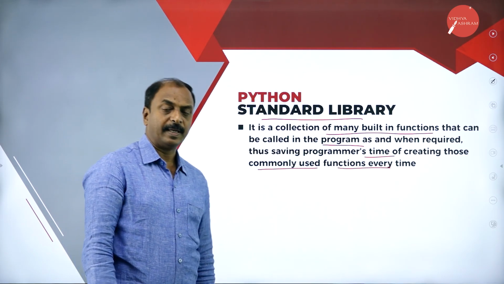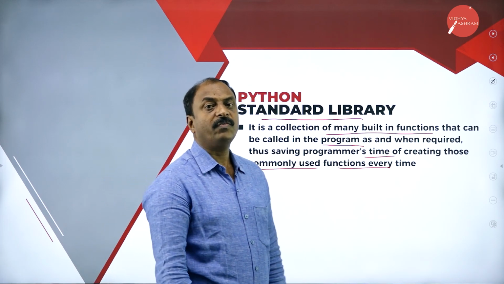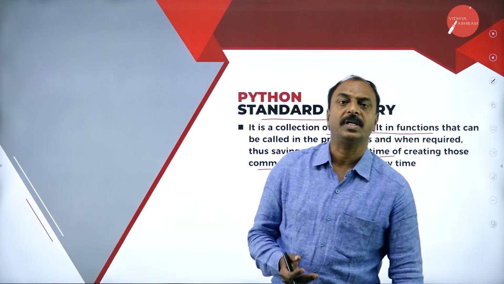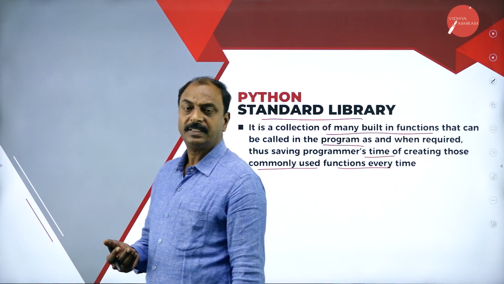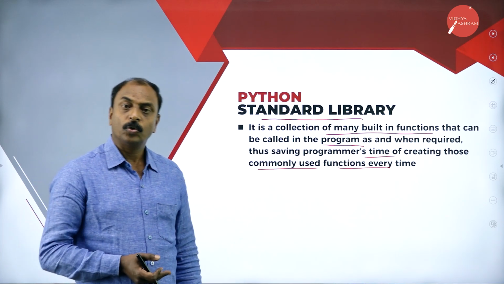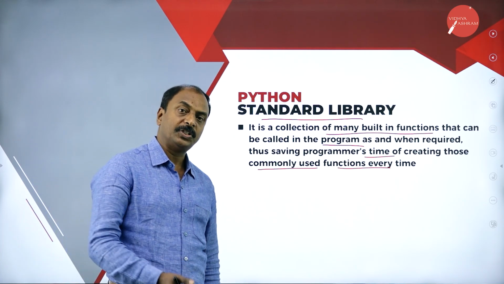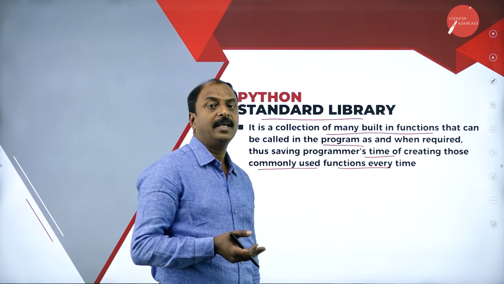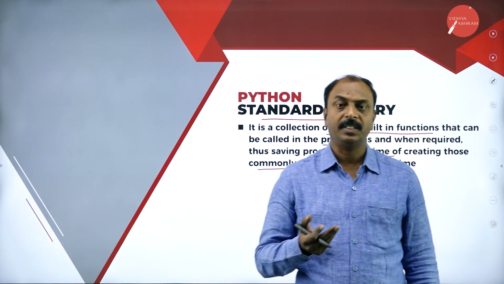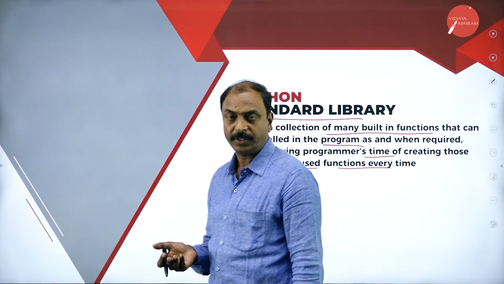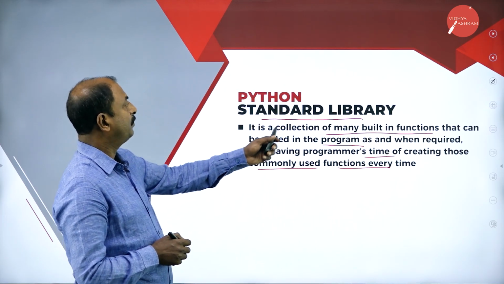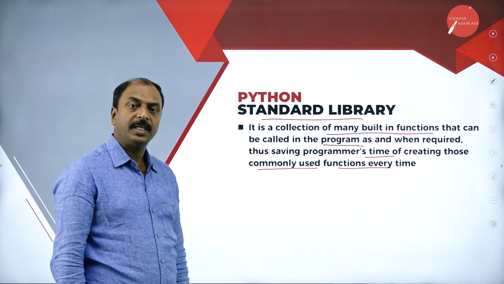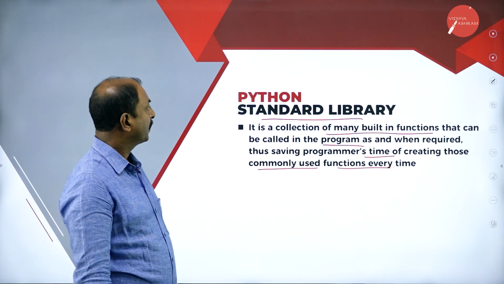Every software will have its own standard library. A library is nothing but a group of functions or instructions in the software, and the programmer can utilize those functions in his program or in his project. That is the meaning of standard library in any software.